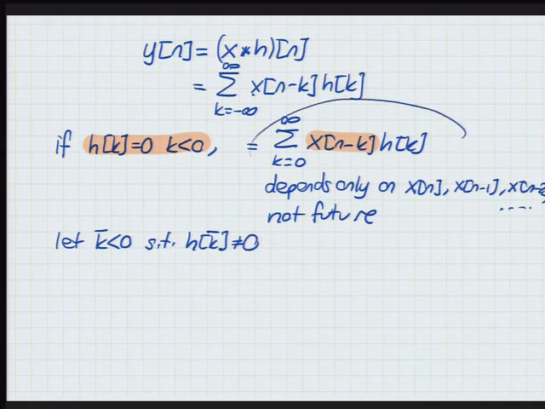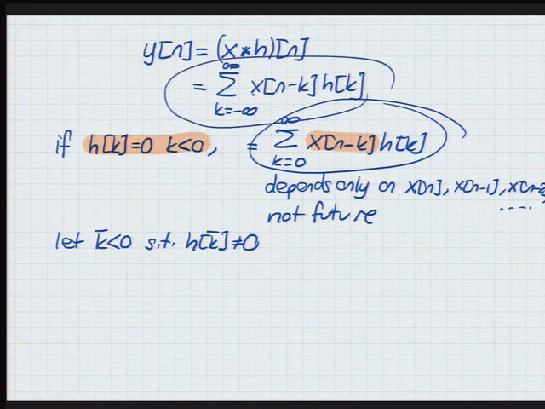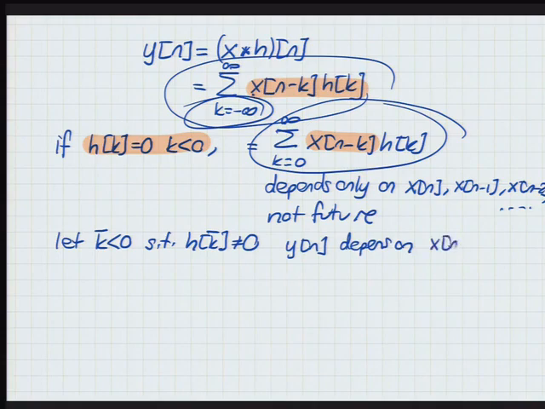But then again, look at this expression, where k starts at negative infinity, and look at the value at k equal to k bar. So y of n depends on this expression with k equal to k bar. That's going to be x of n minus k bar, h of k bar.